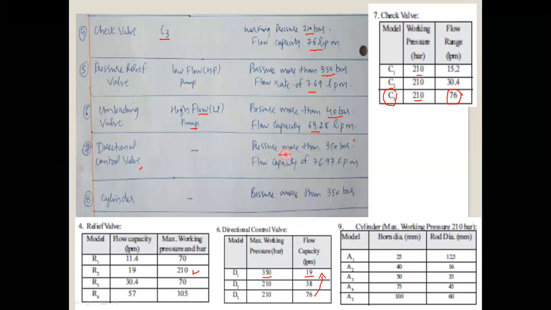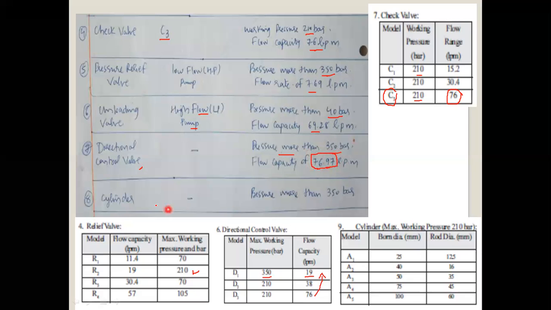That's why I'm writing here that pressure is more than 350 bar and flow capacity is 76.97 liters per minute. Why 76.97 for the direction control valve? Because in the direction control valve, the oil will be coming from both the low flow pump and the high flow pump.